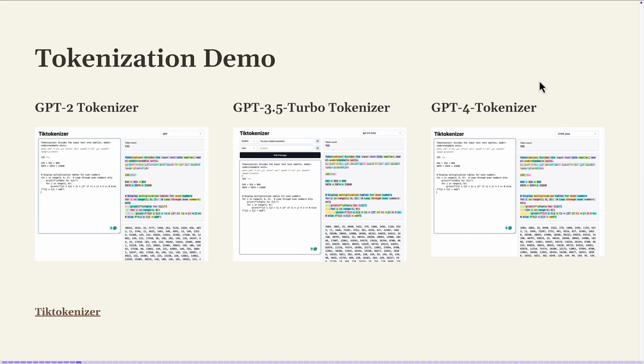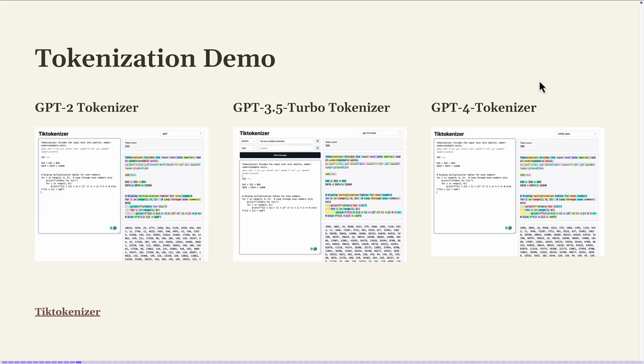So let's try to make some observations on the output of these tokenizers. So here we have an English text, an Arabic text, numbers written in Hindi numerals and Arabic numerals, arithmetics and coding.